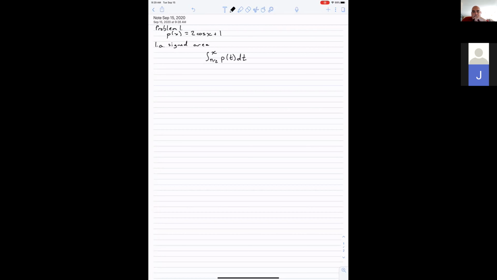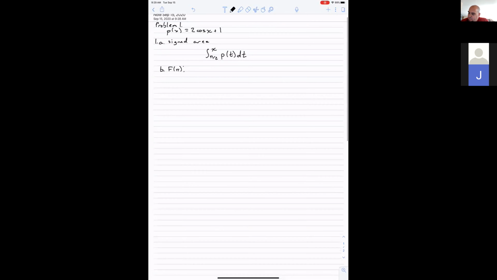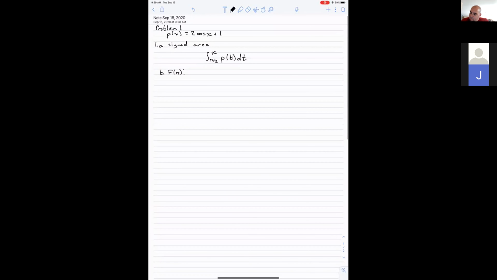we're supposed to interpret the values of f of pi and f of 2 pi. Okay, so f of pi, just in words, what does that mean? Well, it's saying what is the signed area from pi over 2 to pi, the net accumulation of it.